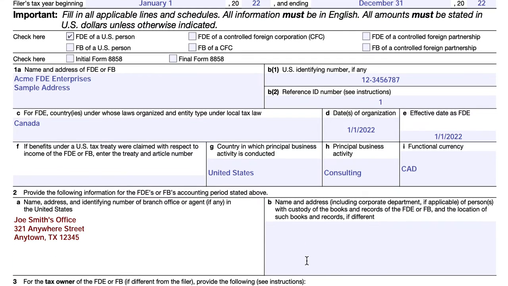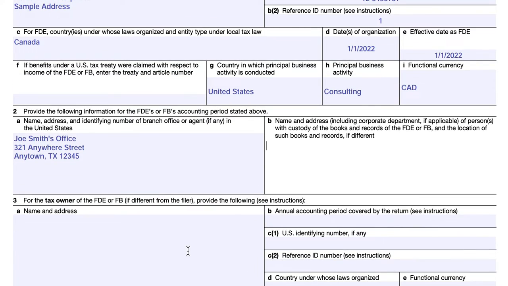And then if this is a different location in 2B, the name and address of the person with custody of the books and records, bookkeeper, accountant, then you would indicate that right here.